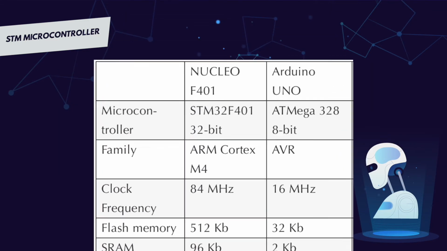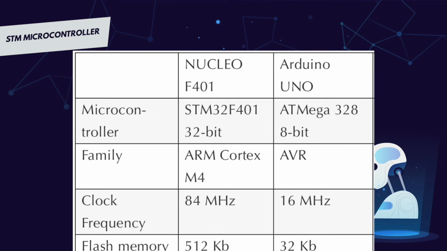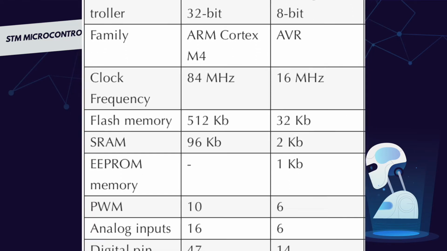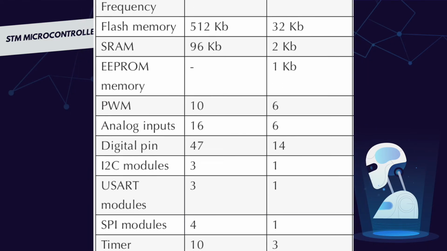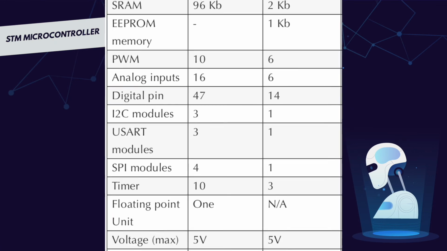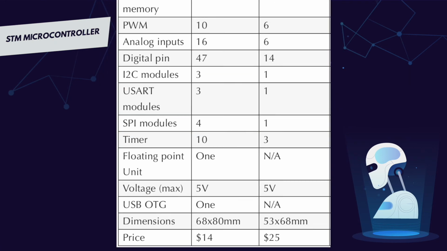As you can see, STM has a higher bit width, enabling faster calculation speed by using fewer clock cycles per arithmetic operation. It also possesses a much faster clock speed by using a phase-locked loop, and it also has much higher flash memory and SRAM, more interrupt pins, and so on.